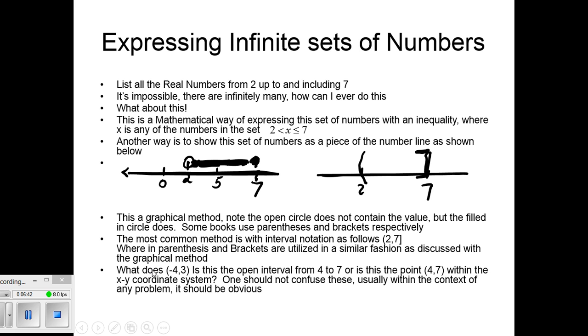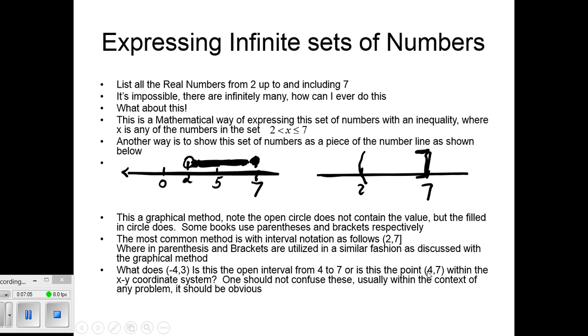If we come down here, this is the open interval, so what does this imply? Is this the open interval from 4 to 7? That should have been a 7 there, my apologies. Or is it the point 4, 7? That could be a confusion. Again, that should be a 7 there, my apologies.